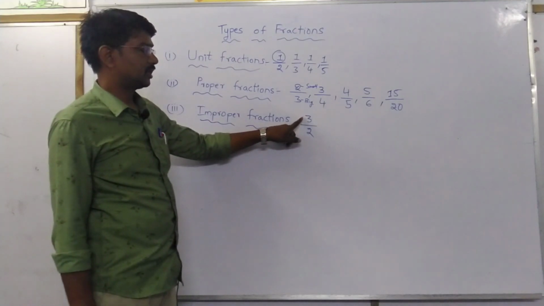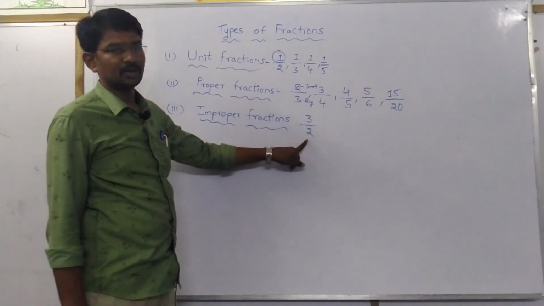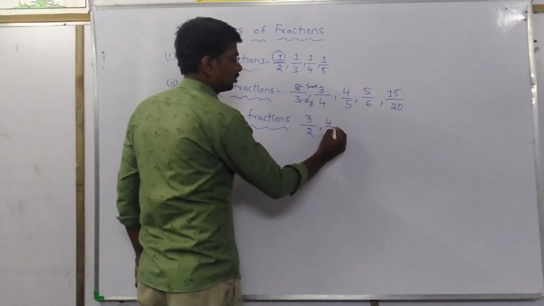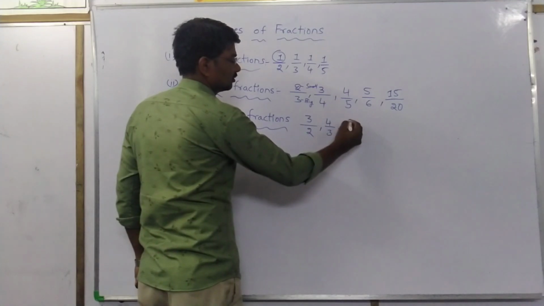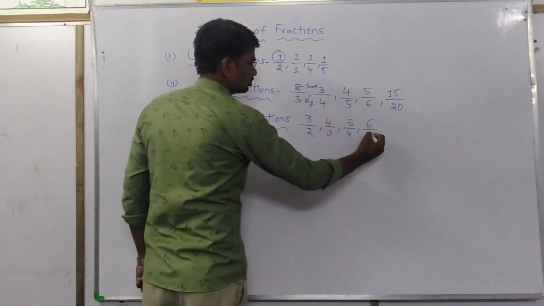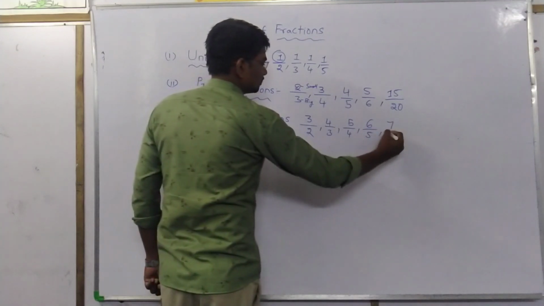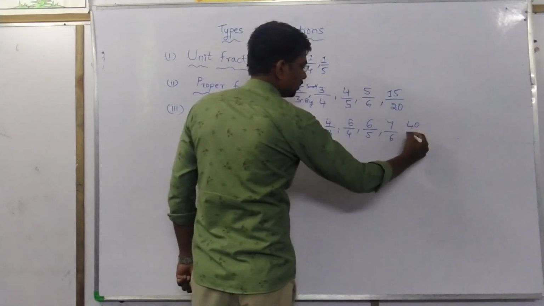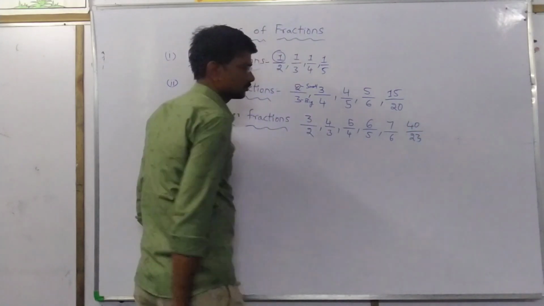Numerator bigger than its denominator, for example 3 by 2. Next example, 4 by 3. Next, 5 by 4, 6 by 5, 7 by 6, 40 by 23.